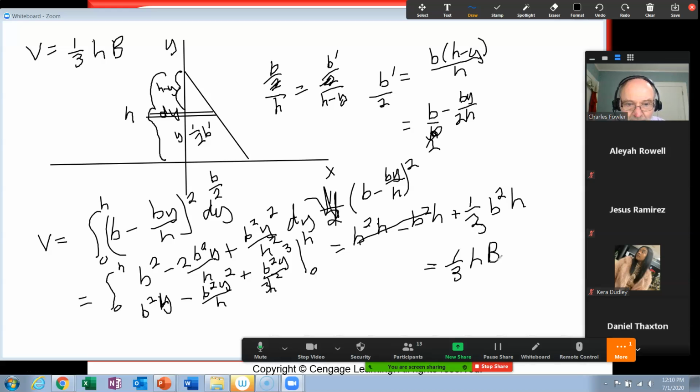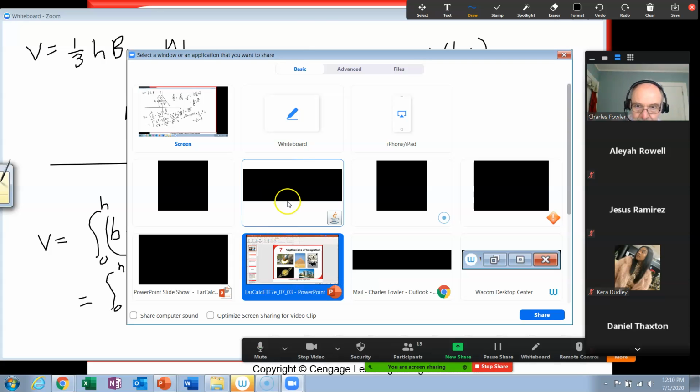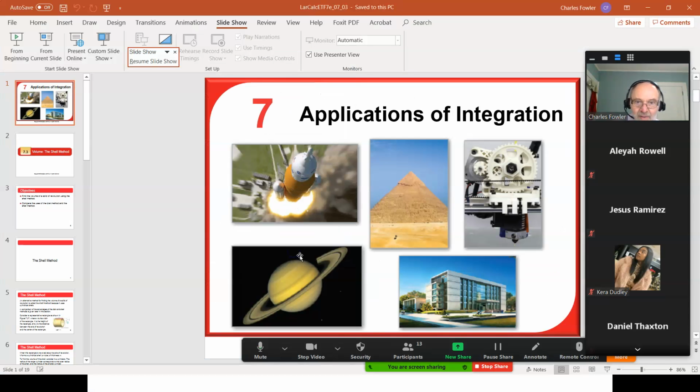All right, where we're going now is to 7.3, which, if I can quit rubbing with my finger, get my pen that's activated, and let's go to a new share here. Oh no, it's not, yeah, it is a new share. I believe it was 7.3, yeah, that's it right there. Okay, well, there we go.